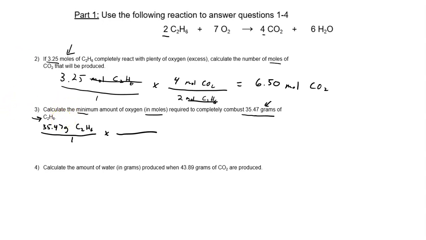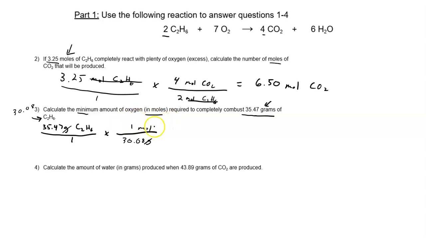So we have a molar mass for C2H6. I'm not going to show you how to do that. For crying out loud, you should know how to do that, which is 30.08 grams. So that is 30.08. Okay, so I know that 1 mole of ethane, C2H6, has a mass of 30.08 grams per mole.